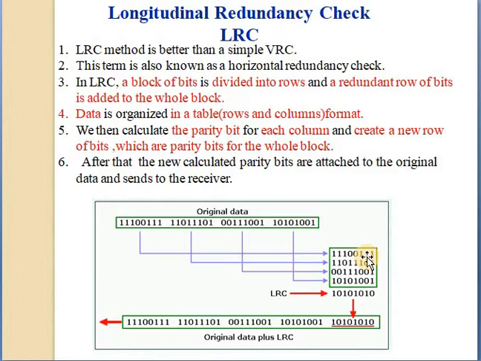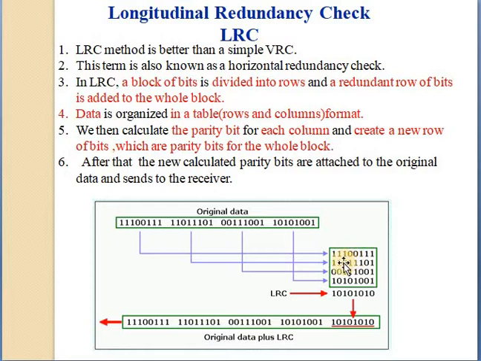In the first column the number of ones is 4, so the parity bit is 0 because the number of ones is even, and we use even parity. In the second column the number of ones is 1, so we add a parity bit 1. In the third column the number of ones is 2, so we add a 0. In the fourth column the number of ones is 3, so we add 1 because the number of ones is odd. In the fifth column the number of ones is 2, it is even, so we add a parity bit 0.